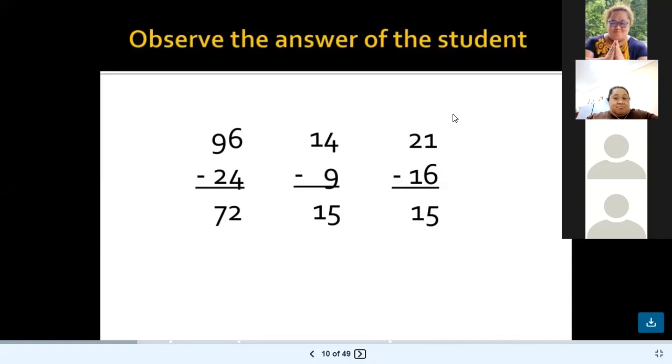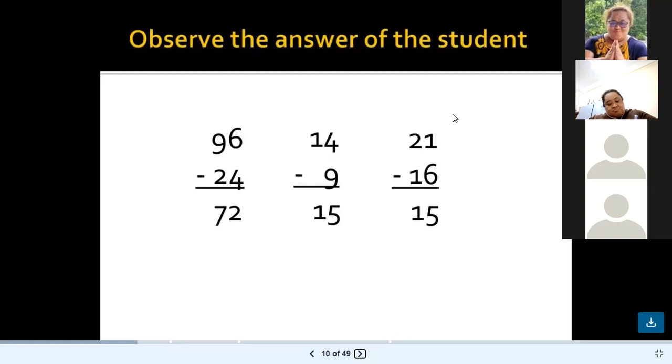Then 1 minus 1 equals 0. The supposed answer of this is 5. And the next one is 14 minus 9 equals 5. Obviously 5, even if he borrows 1 there, it's going to make 14 naman.